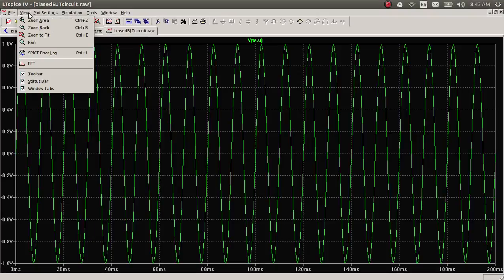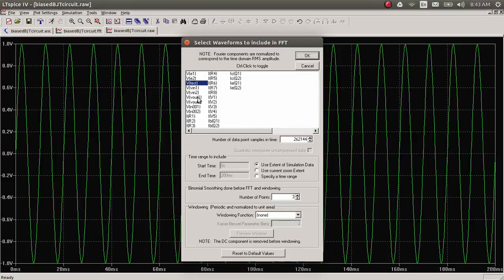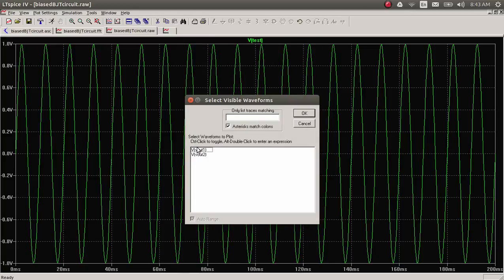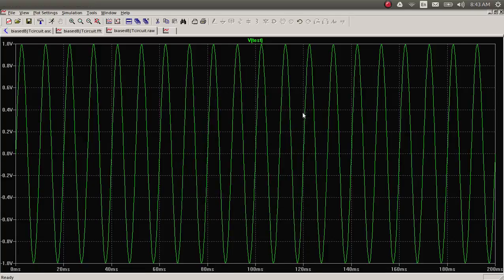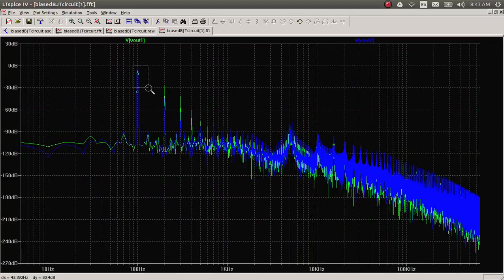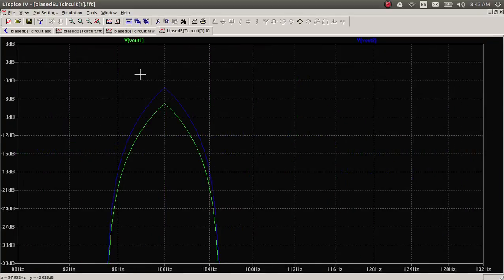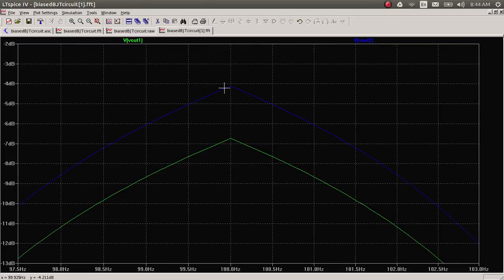Now if I look at the output, view the FFT, these two, both of them, I find that the one that was 0.9 is about 1 dB below 3, so that's at minus 4 dB, and the 0.7 is a little more, about 4 dB below the 3 dB.